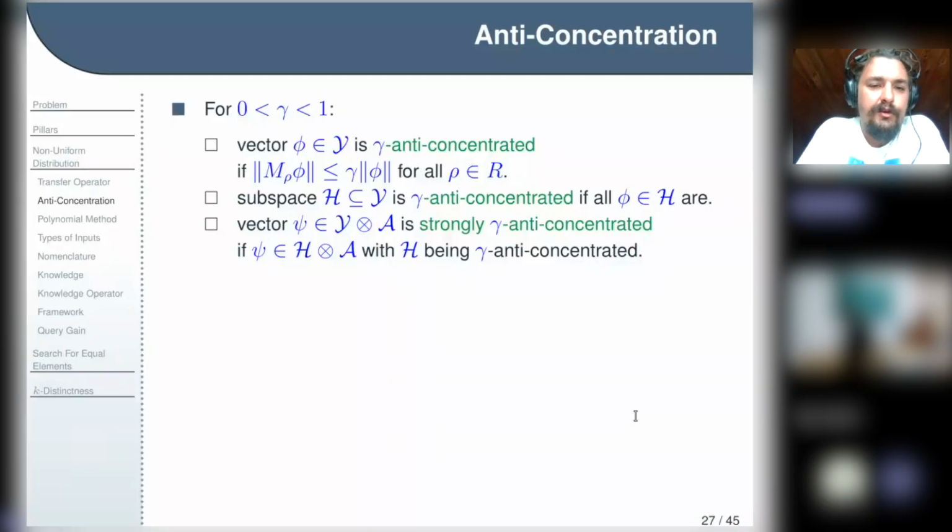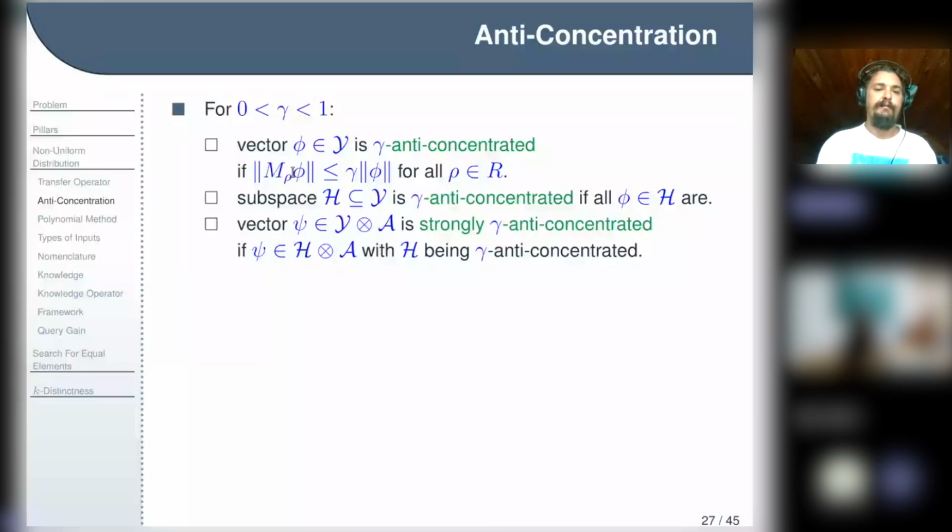So I will be using this gamma parameter, which is a real number between 0 and 1. And I will say that a vector phi, which lives in this non-uniform space y, which is just a linear combination of the inputs, is gamma anti-concentrated if the norm of m rho phi is at most gamma times the norm of phi.